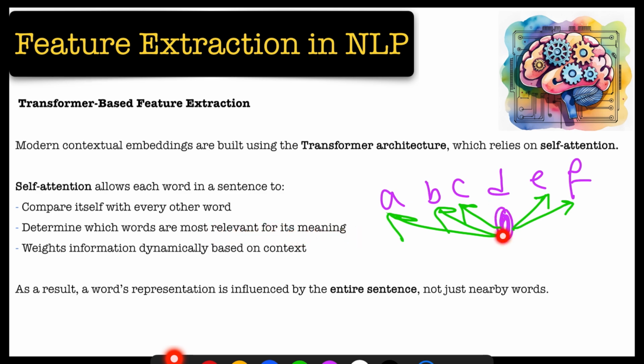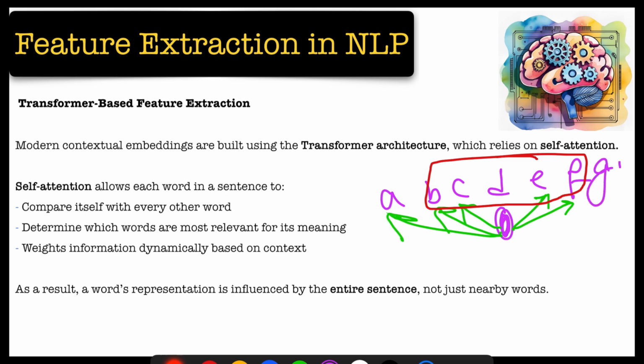It weights information dynamically based on the context. As a result, a word's representation is influenced by the entire sentence, not just nearby words. It's not based on a particular window, so it will consider the whole sentence.